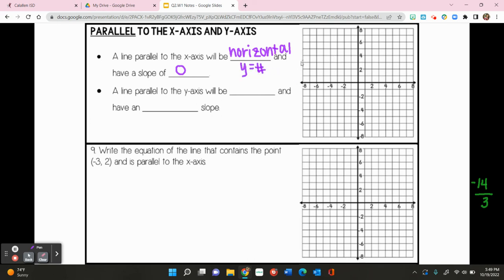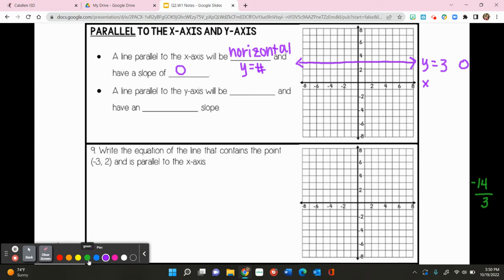So for example, let's say I have this line right here. The equation for this line would be y equals 3. It has a slope of 0, and it is horizontal. It is parallel to the x-axis. This is the x-axis. Okay?